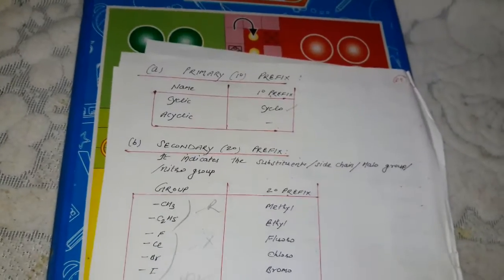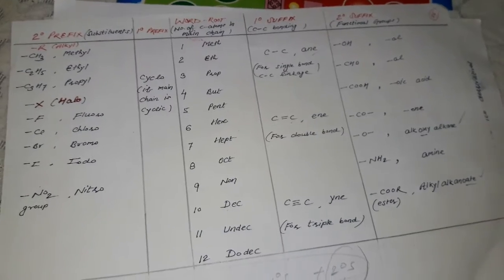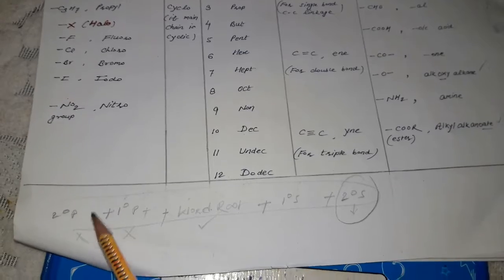Okay, so after understanding this, I made one table to understand these in a better way. This is also the way to write the IUPAC naming step by step. First we see whether the 2 degree prefix is present with the chain or not. Then 1 degree prefix, word root, then 1 degree suffix and 2 degree suffix.